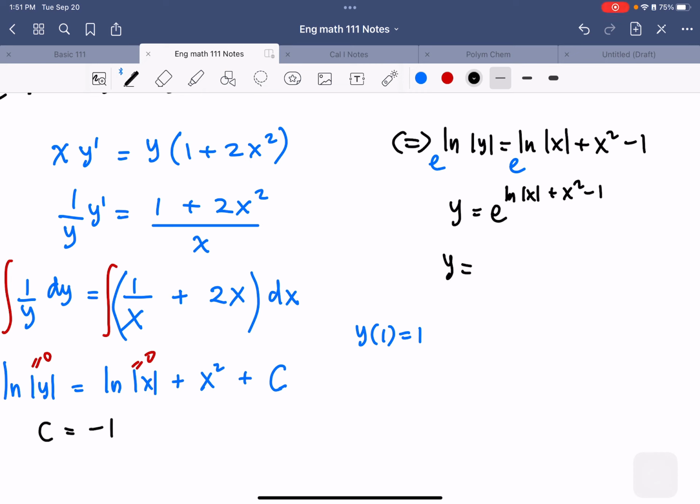And I think we can erase the e and ln, so ln of absolute value x becomes just absolute value x, and then e to the x squared minus 1. I think we can stop here.